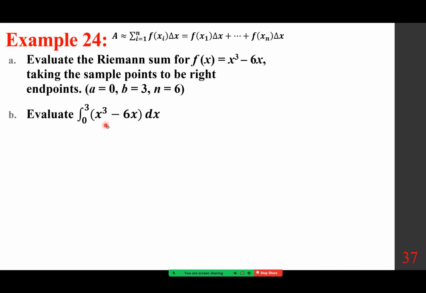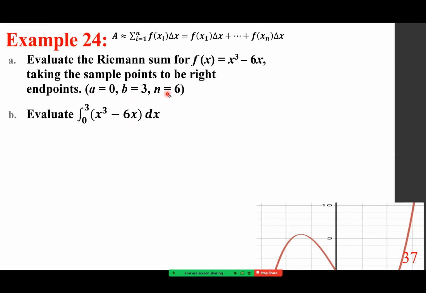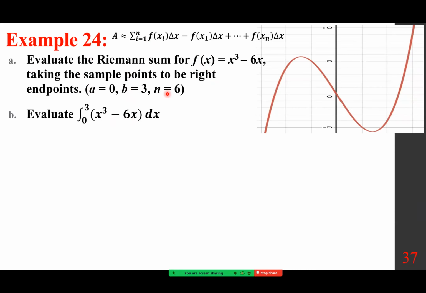For this one, we're going to use the limit. First and foremost, we want n equals 6. This is the graph, everybody, and we want to go from a equals 0 to b equals 3. So in essence, we want this shaded region.